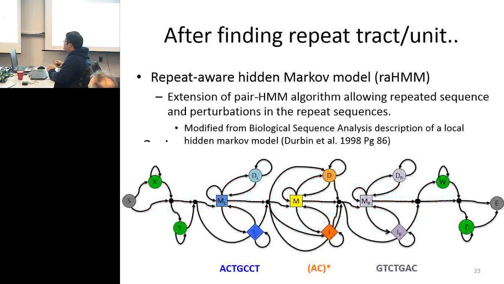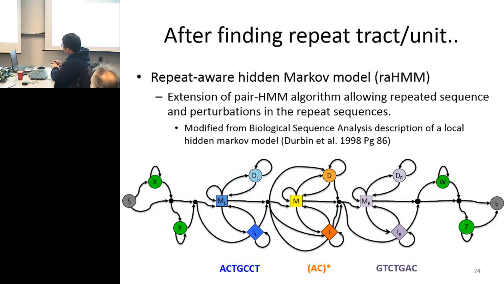And to do this, we actually worked out a hidden Markov model. We call it a repeat aware hidden Markov model. We extended it from the description of a local hidden Markov model described in the book Biological Sequence Analysis, written by Richard Durbin et al. in 1998.